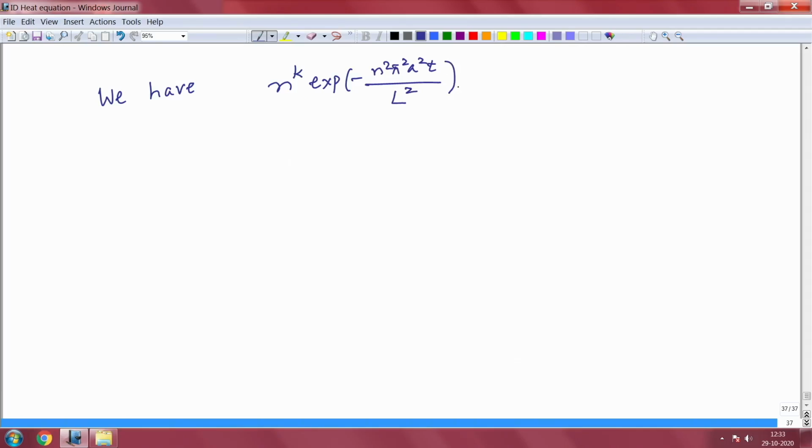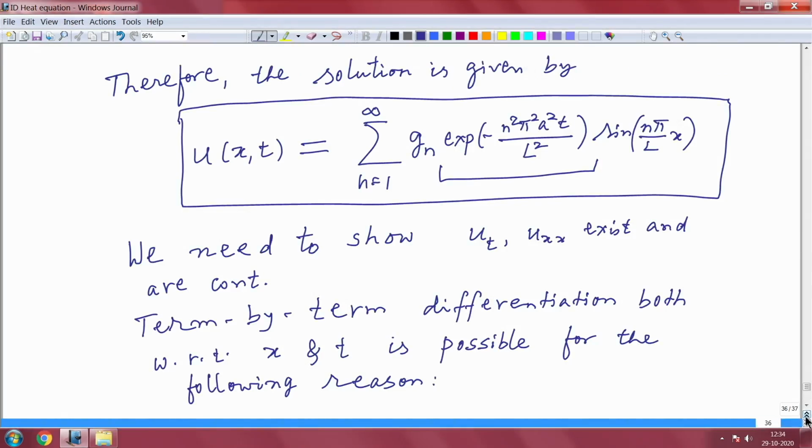So, you consider this sequence as n varies, it is bounded for any t. So, whatever terms come there in term by term differentiation, I can always make some big factor of n in the denominator, so that the series converges, and then you are justifying term by term differentiation both with respect to x and t.